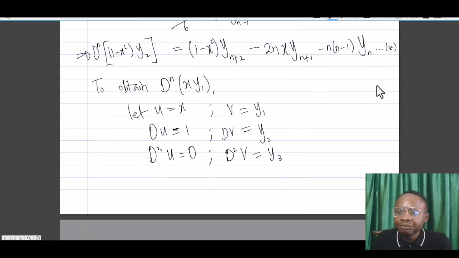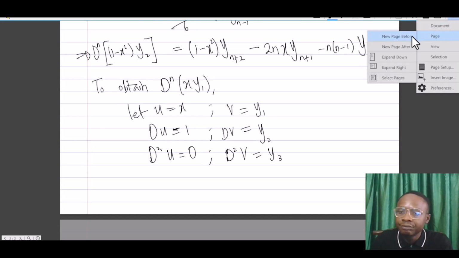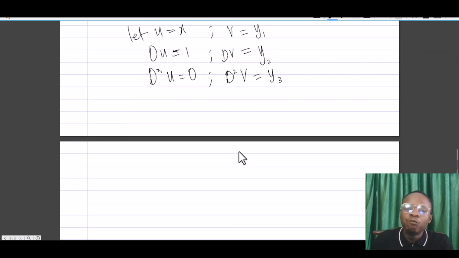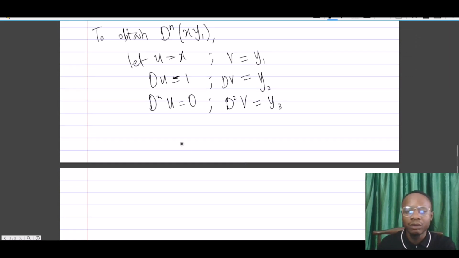From here, we can already see that every other derivative going forward will be 0. The nth derivative of u will be equal to 0 for all n greater than or equal to 2. And for this, we can conclude also that the nth derivative of v will just be equal to, we can observe the pattern.